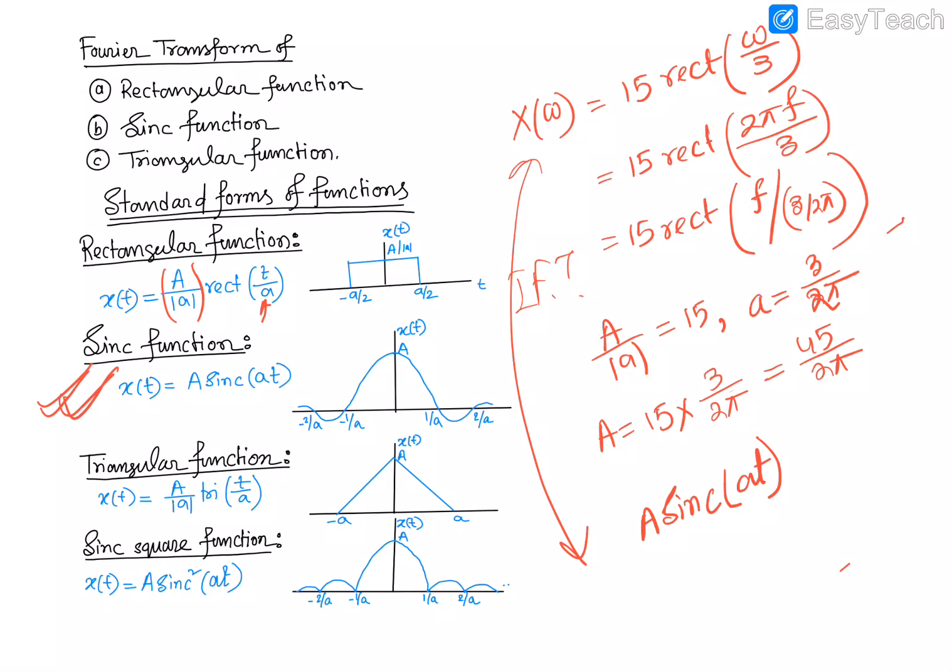So we know the value of A equals 45 by 2 pi, sinc, and small a is 3 by 2 pi into t. So this is the inverse Fourier transform of the function X of omega. So without any error you can write the inverse Fourier transform of X of omega.